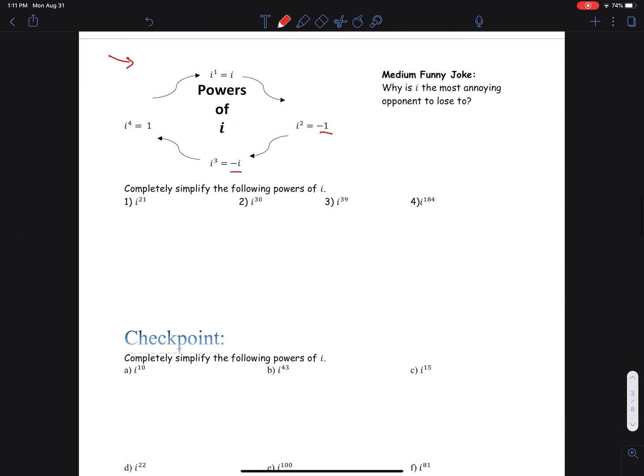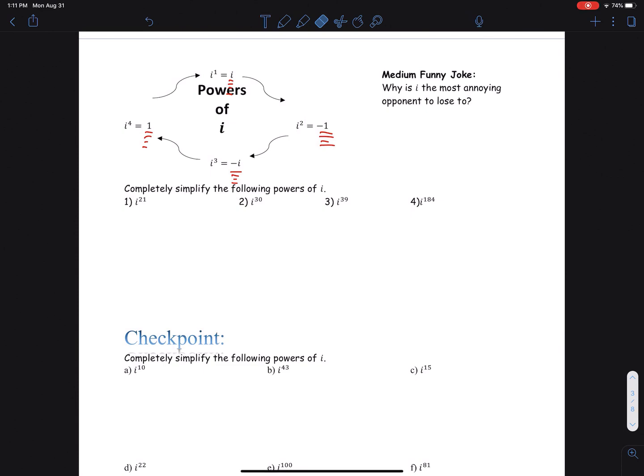I to the 4th is 1. I to the 5th is i. I to the 6th is -1. I to the 7th is -i. I to the 8th is 1. And it keeps on going in circles. I to the 9th, 10th, 11th, 12th, 13th, 14th, 15th, 16th. So it keeps on going in that circular pattern.